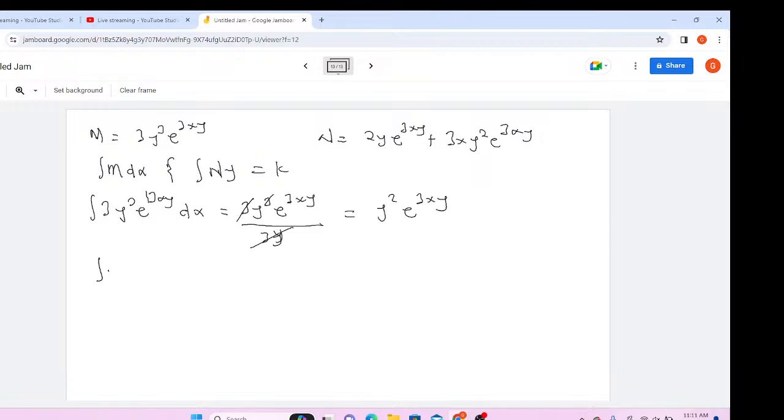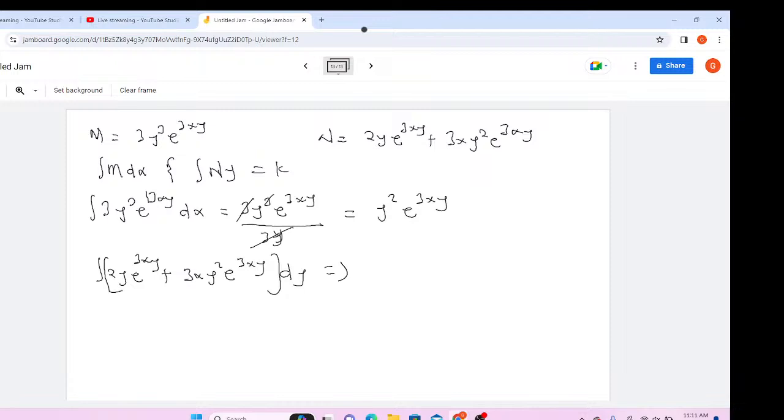Then I want to integrate 2y e^(3xy) plus 3xy squared e^(3xy) with respect to y.